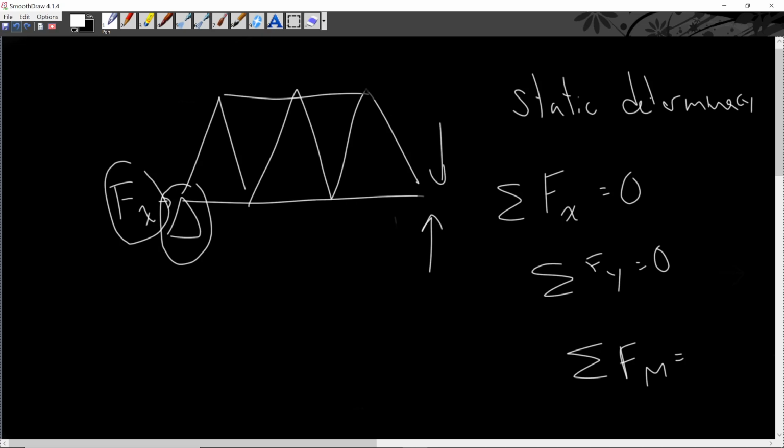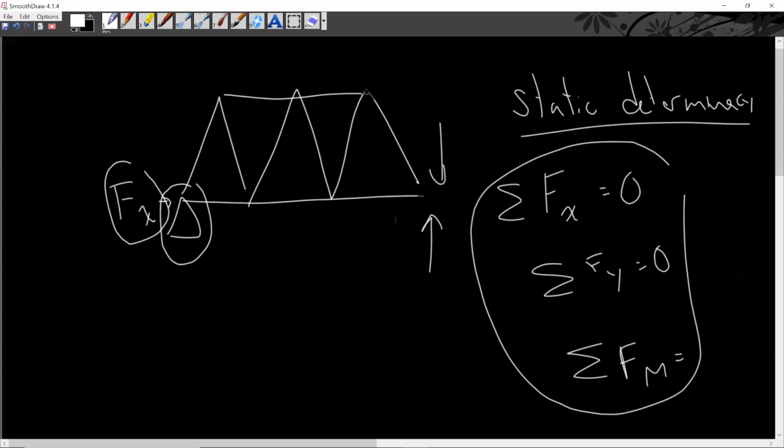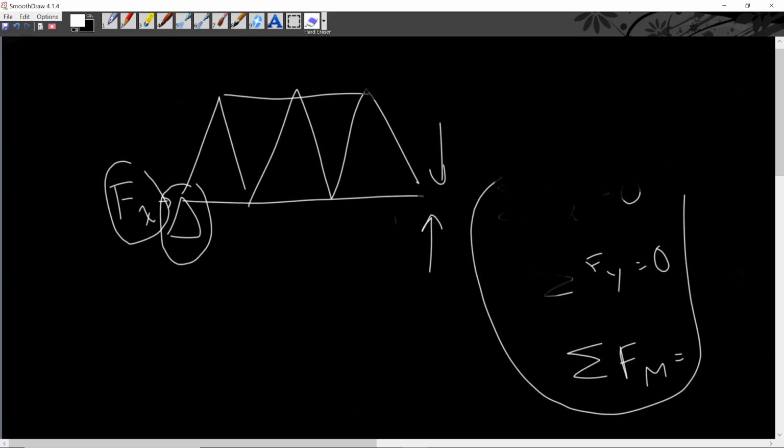So this is static determinacy. If we have a stable truss that follows the equations of equilibrium, that is a statically determinate truss.